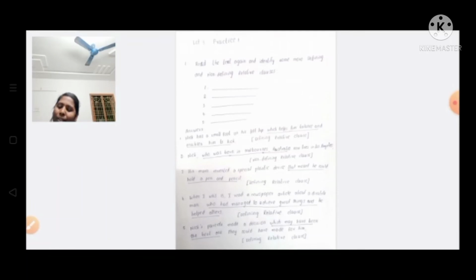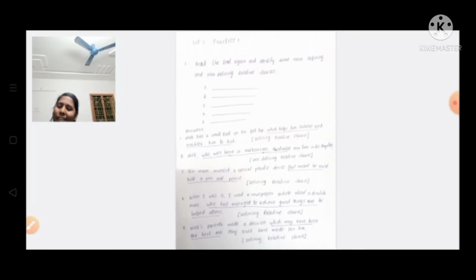The second one is: Nick, comma, who was born in Melbourne, comma, Australia, now lives in Los Angeles. What is the sentence?